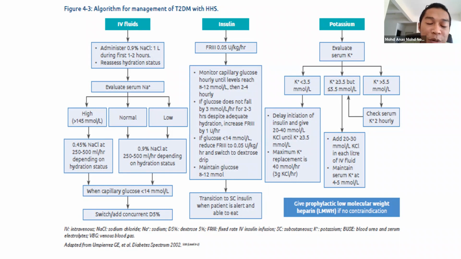For our local protocol, based on our endocrinologists' line of management, they start straight away at around 1.5 to 2 times the maintenance according to the patient's body weight. So that is one difference.